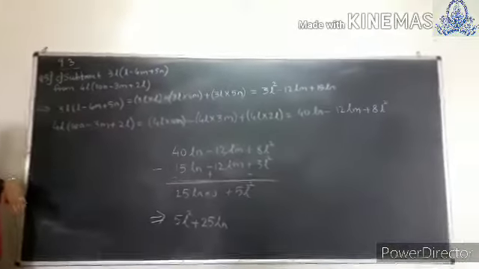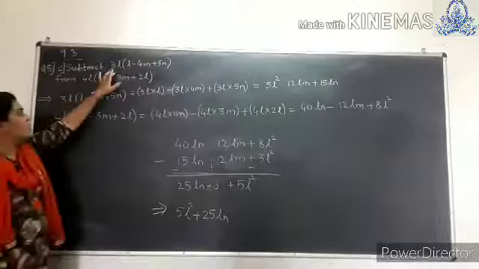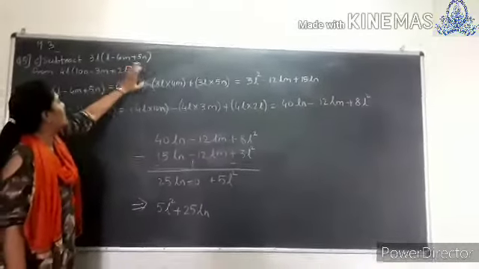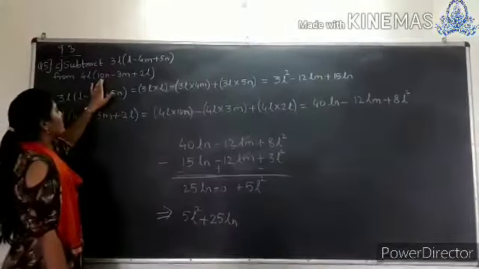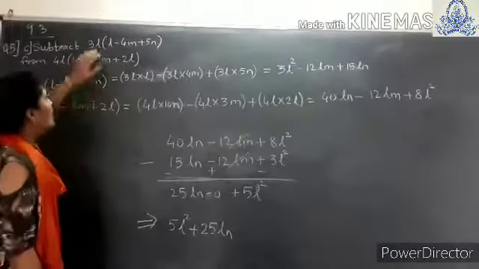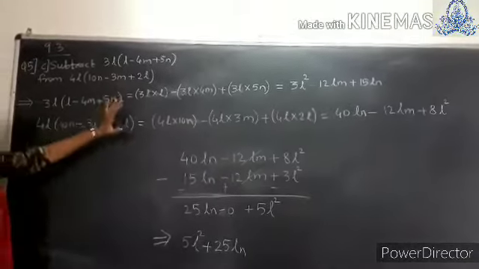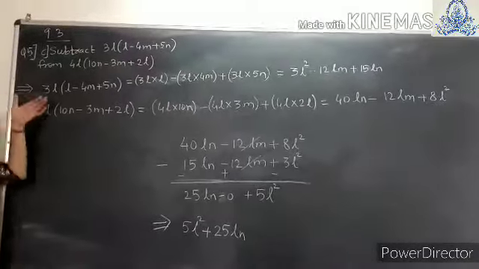Let us see question number 5c. Subtract 3l into (m minus 4n plus 5l) from 4l into (10n minus 3m plus 2l). These are the two expressions. In the previous example, we had to add two expressions.